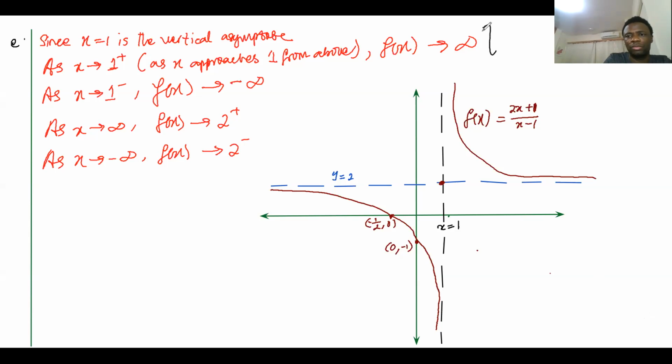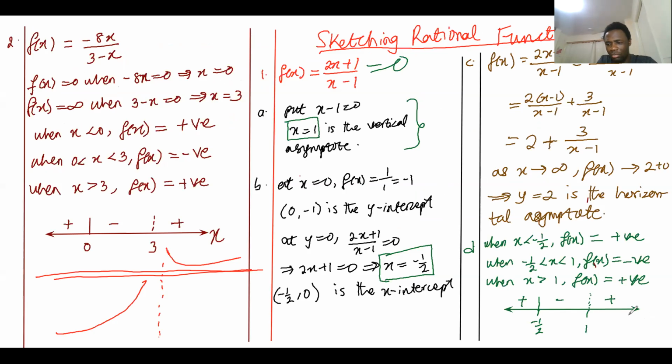So the clue is, this is from the sign diagram. There's no need to waste your time. From your sign diagram, on the right side of 1 is positive. That is, the curve coming from here is always going to be above the x-axis, so y is greater than 0.